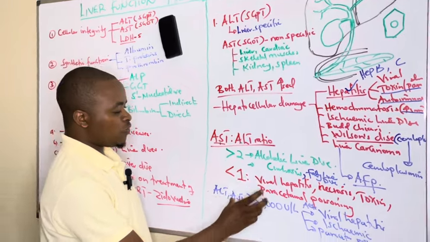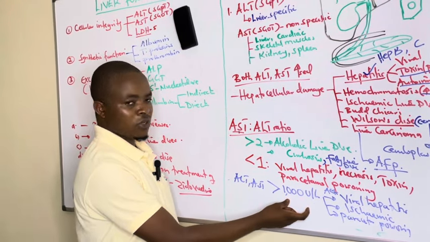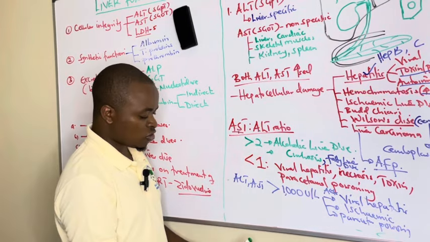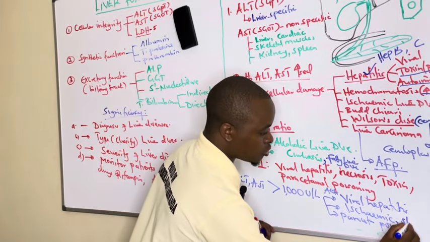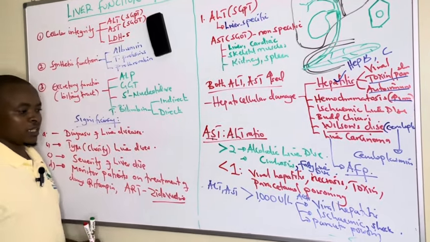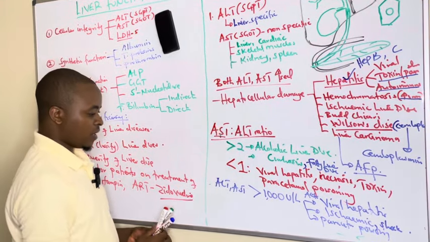So we have seen when the ALT and AST are greater than 1,000, we can see it in viral hepatitis, in ischemia, even shock. Ischemia, this one is due to shock, due to blockage of the hepatic artery. And this is when it is severe.